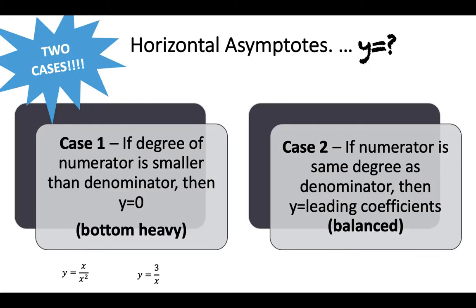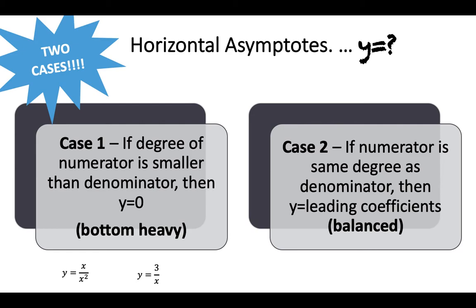All right, next we're going to talk about horizontal asymptotes. Those are the side-to-side lines that the graph will get close to but never touch. And there's two cases for those. There's a situation where we're going to pay attention to the degree of the expressions in the numerator and the denominator.